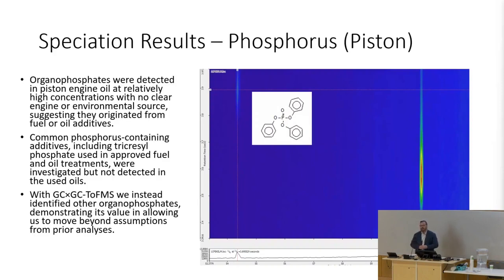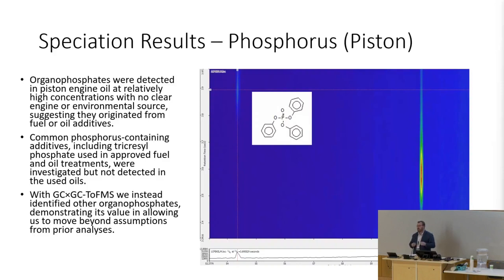So we found triphenyl phosphate up on the top left, which is something that's not unknown to be in some of these additives. And then we found a little bit of a weird one. In the first dimension, it aligns very closely with where TCP would be, but in second dimension, it's dropped down quite a bit. If you were an analyst just looking at this from a 1D chromatogram, it's highly likely that you would probably chalk this up to be TCP and just move along.